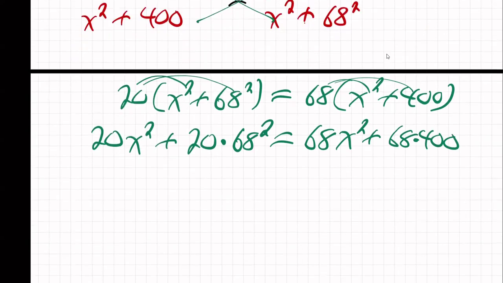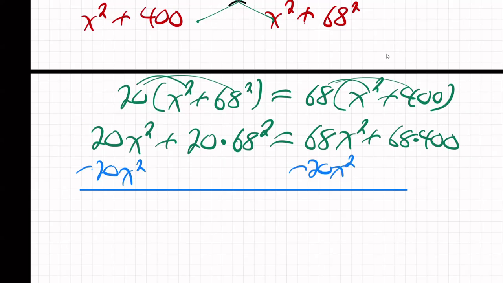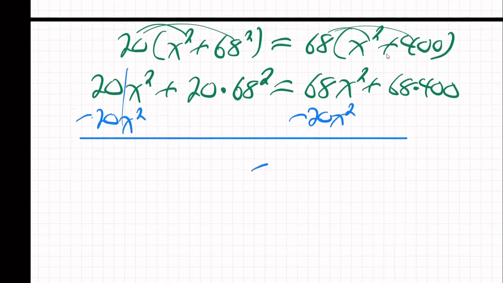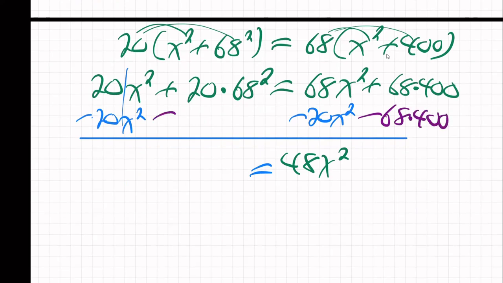Okay, what am I doing now? Well, notice I got a couple x squared, so I'm going to subtract 20x squared from both sides. I'm almost there. So this is going to give me 48 x squared, and then subtract this other thing, minus 68 times 400.